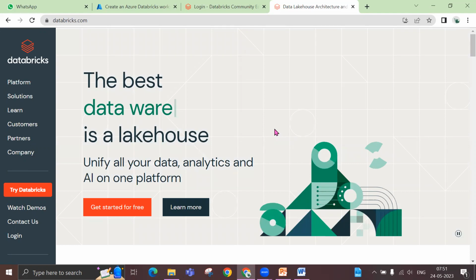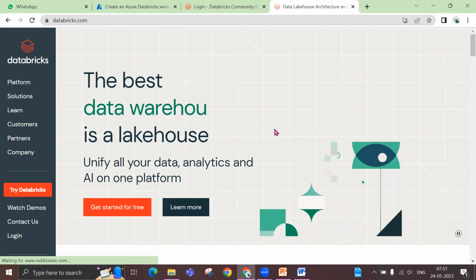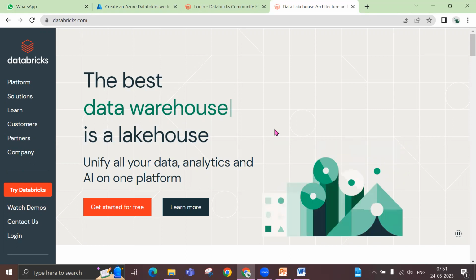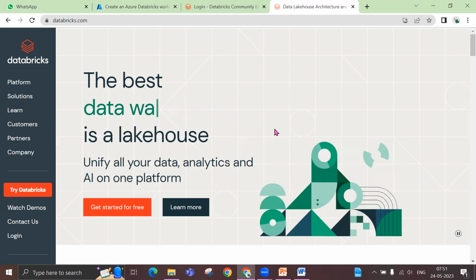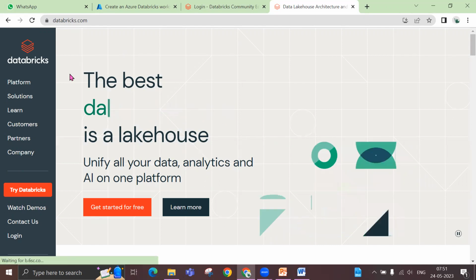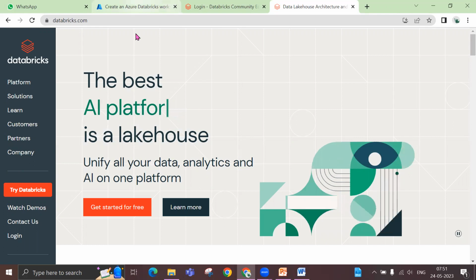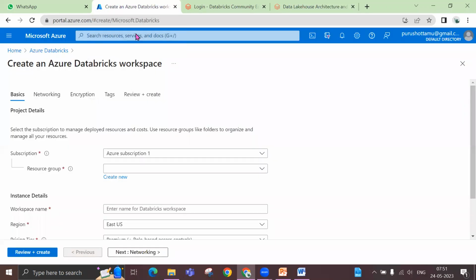Okay, so Spark is basically an open source project, which uses in-memory processing to do big data, which we are going to discuss in detail when we get into that, right? So now Databricks is a company which has tied up with Azure, and is customized for Azure to integrate with the different Azure services to do the big data processing. Okay, that's why it's called Azure Databricks.